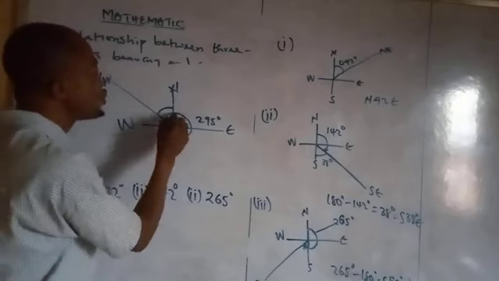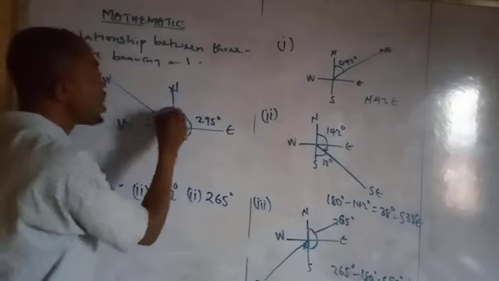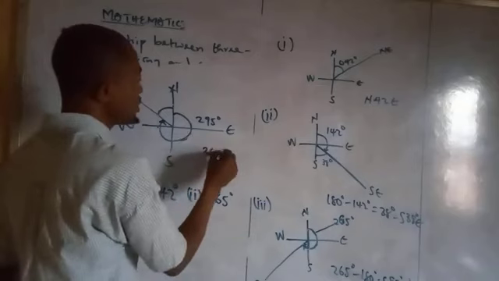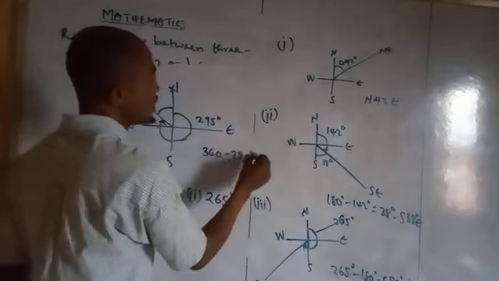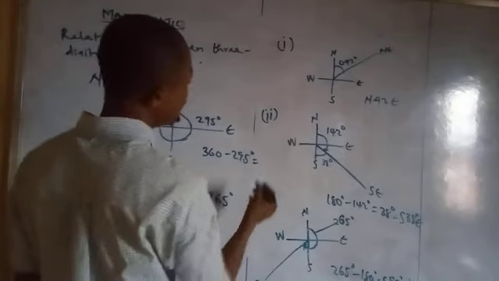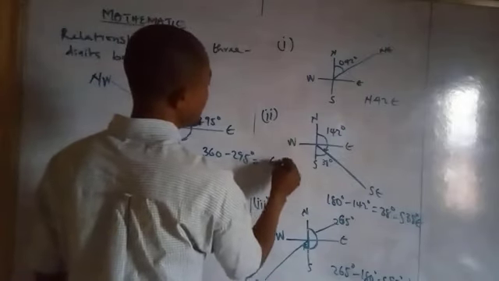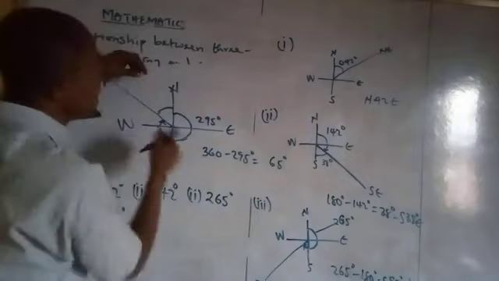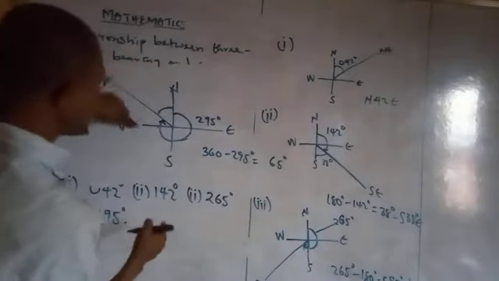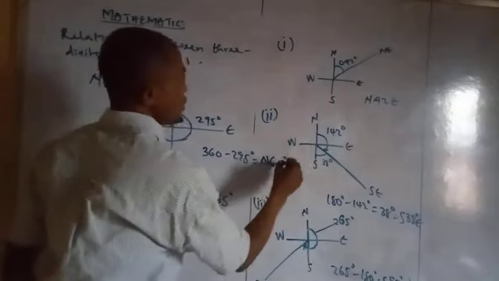We remove 295 degrees from 360 degrees. So we are going to do 360 degrees minus 295 degrees. And what would that give us? I think that should give us 65 degrees. So that will become 65 degrees north, west, from the north.